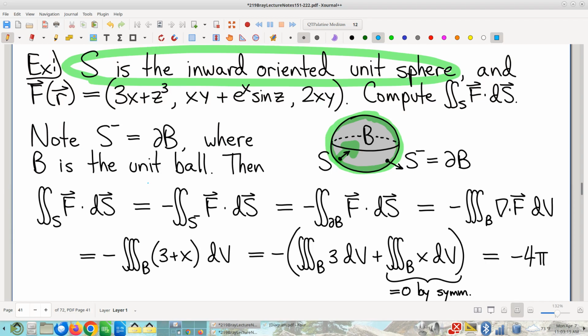So we've got to deal with that, and here's the good news. Even though it is not a boundary, it's very closely related to a boundary. So the surface we actually have is just the opposite orientation of a surface that is a boundary.